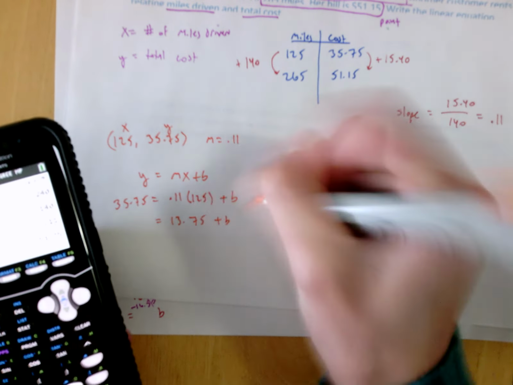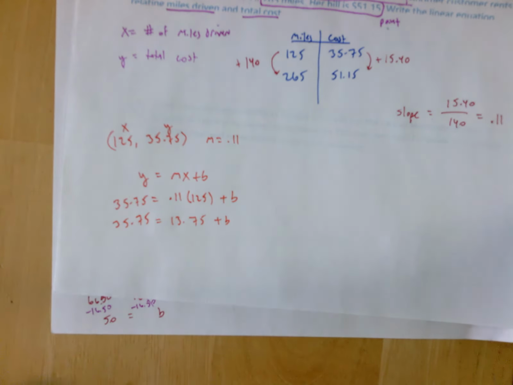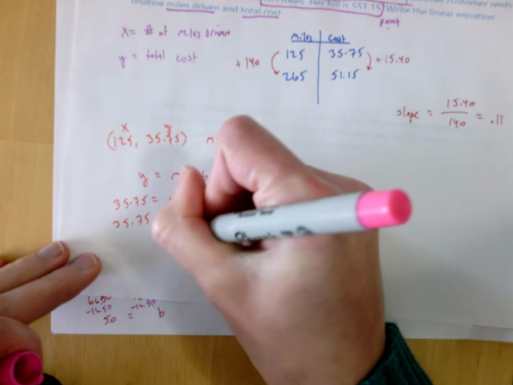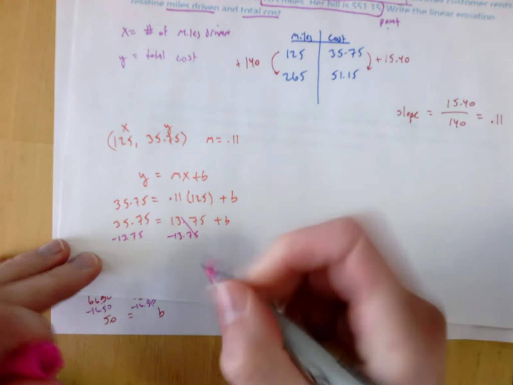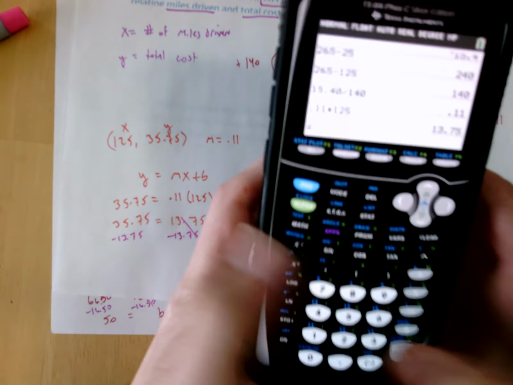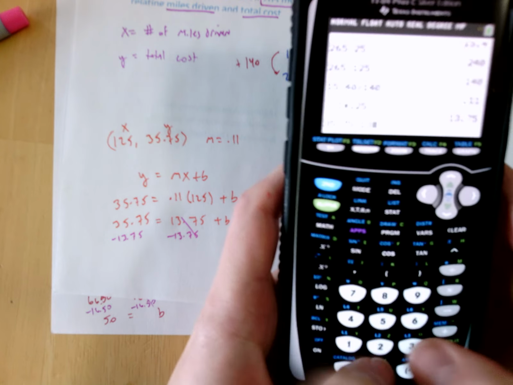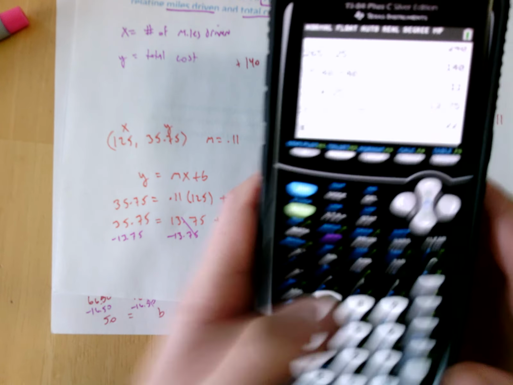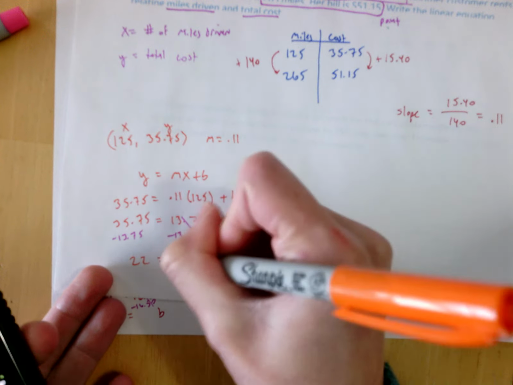Because we're talking money. 13.75 makes sense in terms of money. Okay, and then to finish solving this, I'm going to subtract that 13.75 from both sides, right? To get that b by itself. So I'm going to do 35.75 minus 13.75. 22. So I've got 22 equals b.